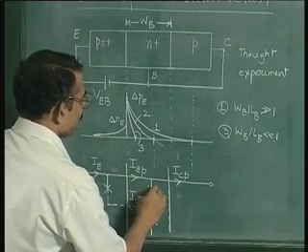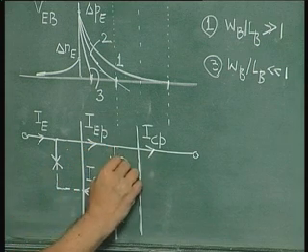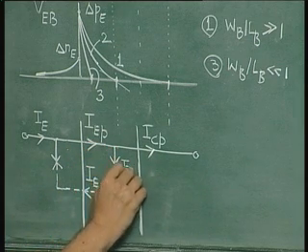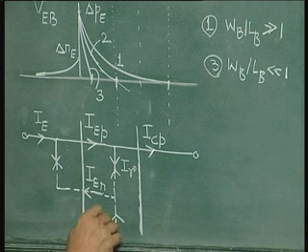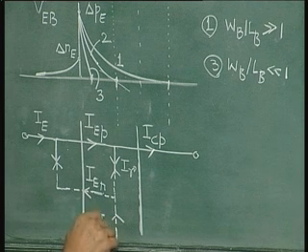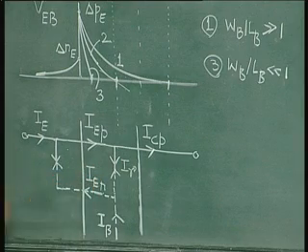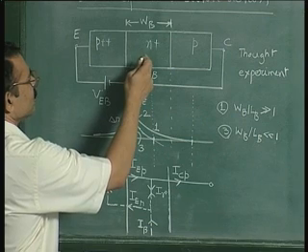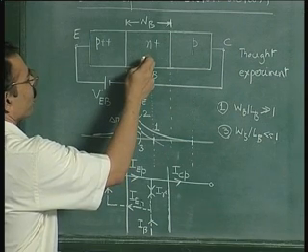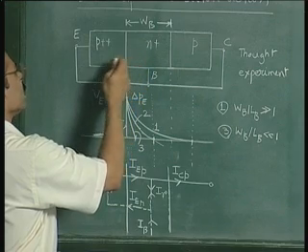Now let us indicate the hole current recombining in the base by the symbol IR. So this is your base current IB, which is nothing but IR plus IEN. The role of the base is to supply electrons for recombination with the holes which are injected from the p region and for injection of electrons into the p region.